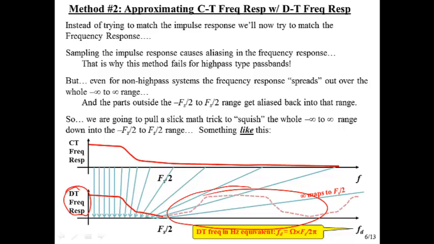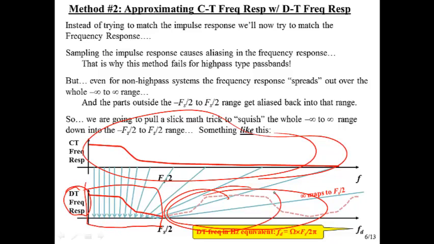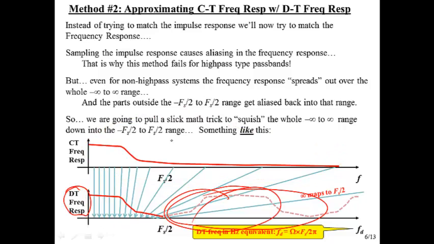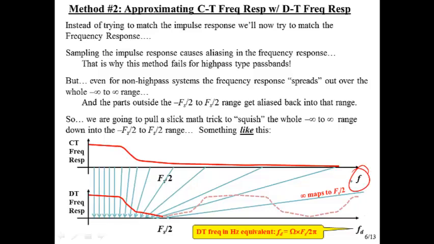So we've smashed this whole thing down into this region, and then it gets replicated in the higher frequency regions. And all we're really doing is we're still showing this on a Hertz axis, but we can convert that effectively from our actual minus pi to pi using this equation. So remember, fs over 2 corresponds to pi.